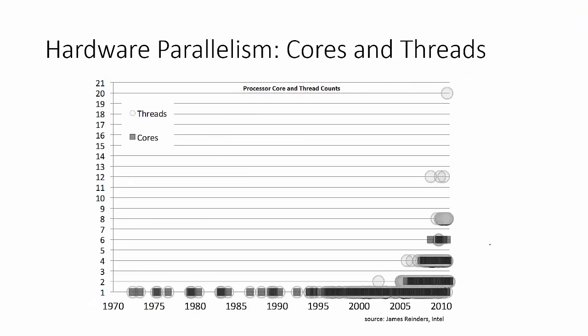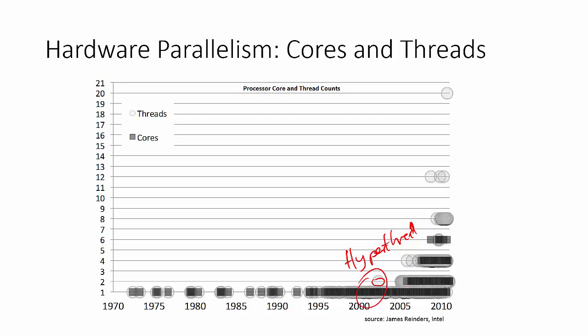If we look at hardware trends, looking at how many cores or even thread counts you would see on a processor, you see that up until the beginning of the 2000s, there was one core per processor, but about 2002, 2003, we began to see hardware threads. This point is when the first hyperthreaded processor appeared on the market.